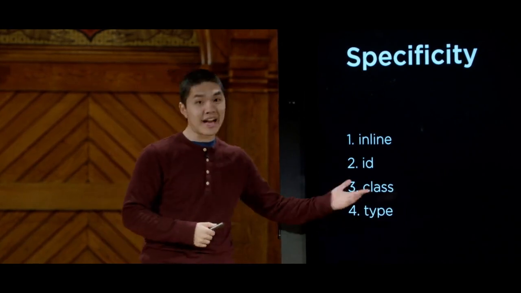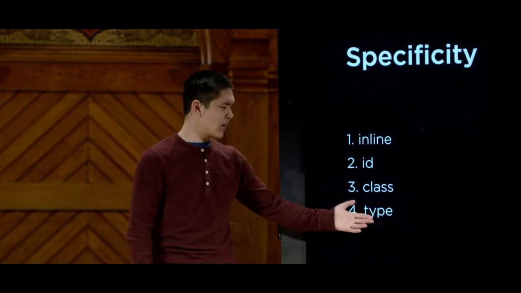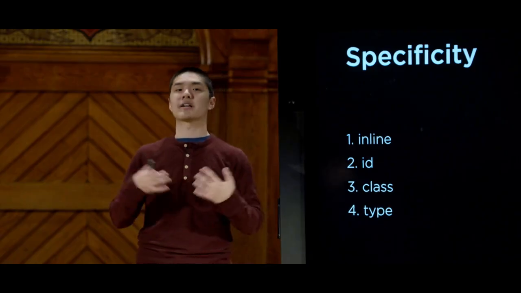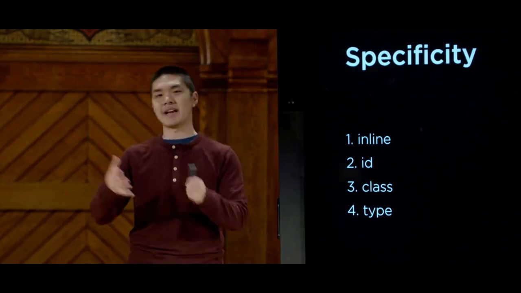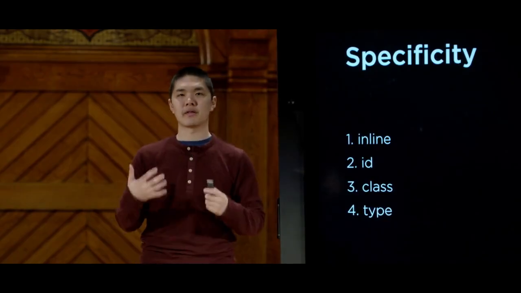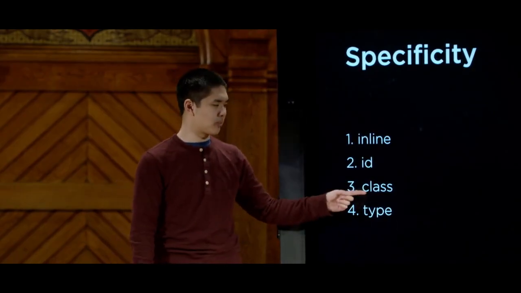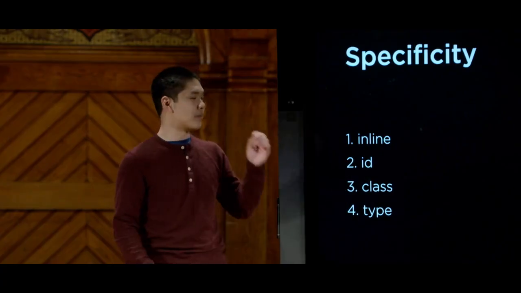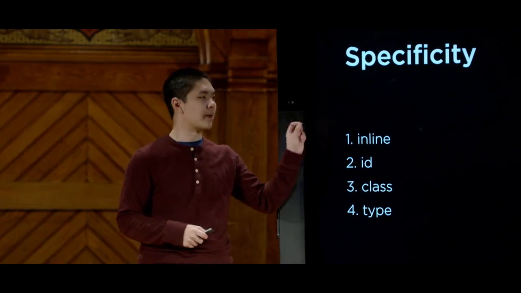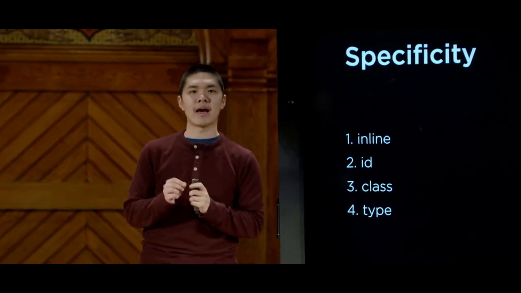And if so, then that takes next precedence. And otherwise, we fall back to what type of HTML element it is. Is it an h1? Is it an ordered list? Is it a table? So in short, the type is the least specific, class is slightly more specific, ID is more than that, and the most specificity we can provide is by literally putting the CSS in line with the HTML element itself.